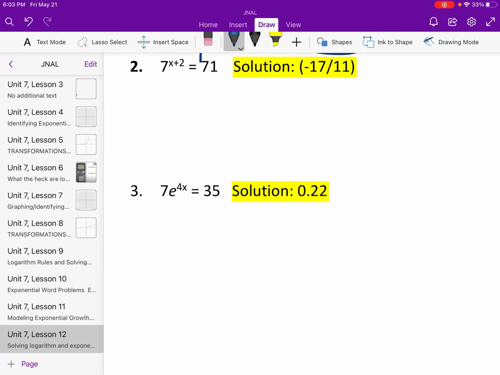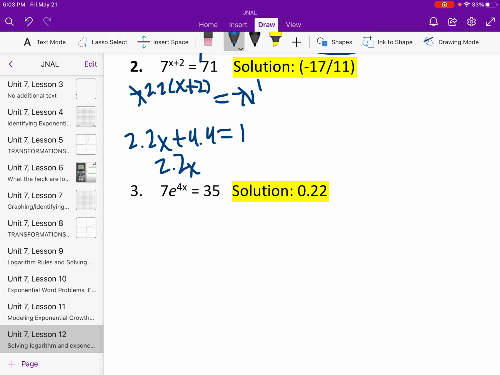Okay, so now we have this 2.2, and then we need to multiply that by the x plus 2 equals 71 to the power of 1. Cancel out the bases now that they're alike. And we have 2.2x plus 4.4 equals 1. Then we have 2.2x equals negative 3.4.